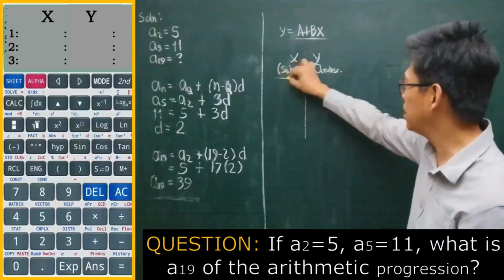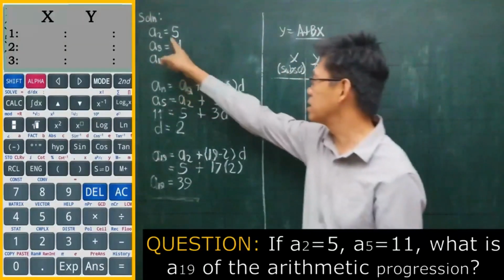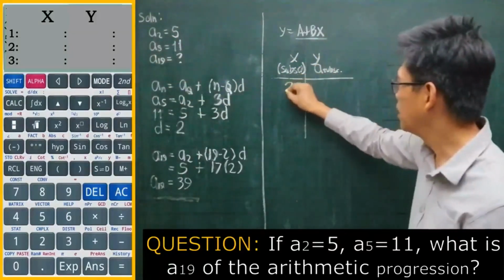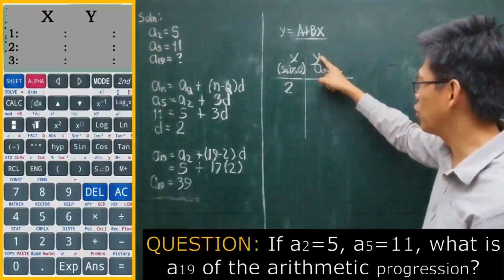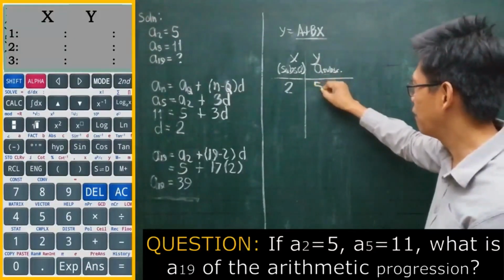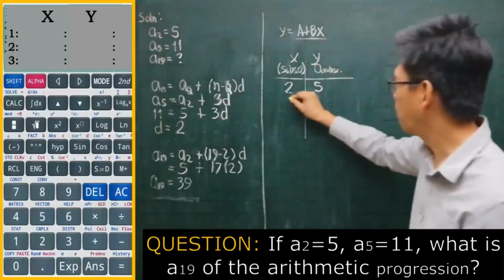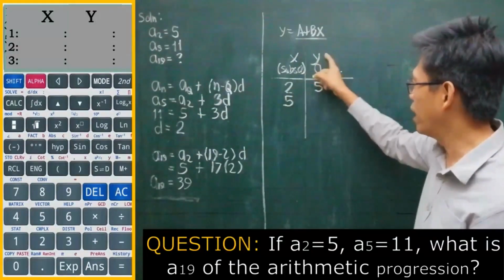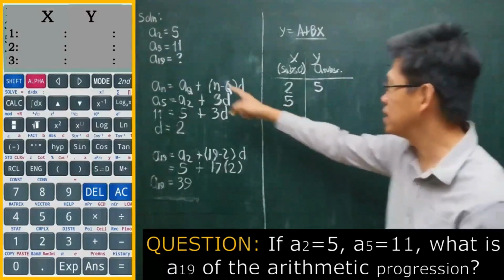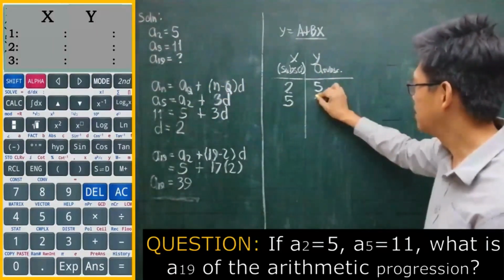So, ang ibig sabihin, when x equals 2, yung y sub 2 or a sub 2 is 5. When x is 5, yung y sub 5 or a5 is 11.